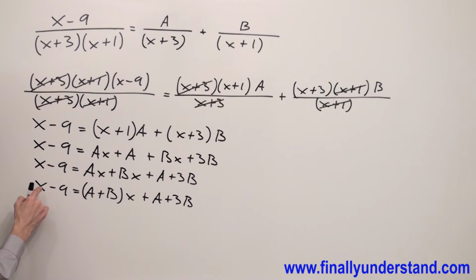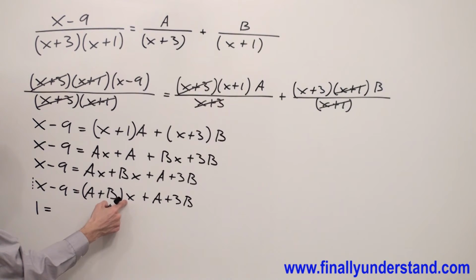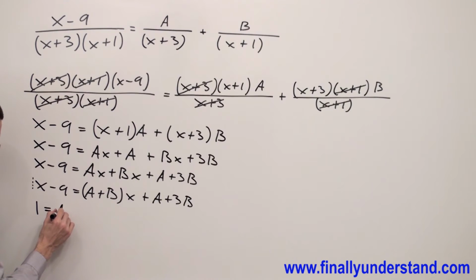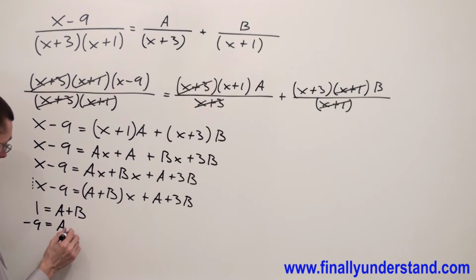The coefficient of this x is an invisible 1. That's why I'm going to write 1 is equal to a plus b, the coefficient of this x. And for the constants, I have negative 9 on the left side, and on the right side I have a plus 3b.